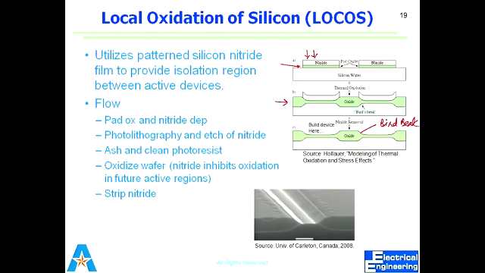In this case, you can see that first of all I patterned my oxide layer, and after that I put the nitride layer as a passivation layer, as a hard mask. After that, I thermally grow the oxide. When I thermally grow the oxide, you know that it will grow under the silicon nitride layer as well.